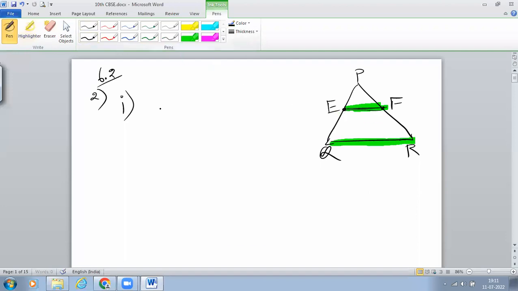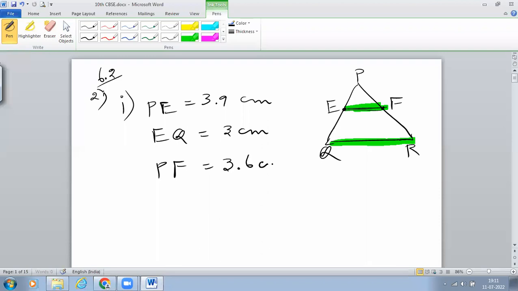Now, in the first question, they have given the values: PE is equal to 3.9 centimeter, EQ is equal to 3 centimeter, PF is equal to 3.6 centimeter and FR is equal to 2.4 centimeter. These are the data given. With the help of these data, we have to check whether EF is parallel to QR.